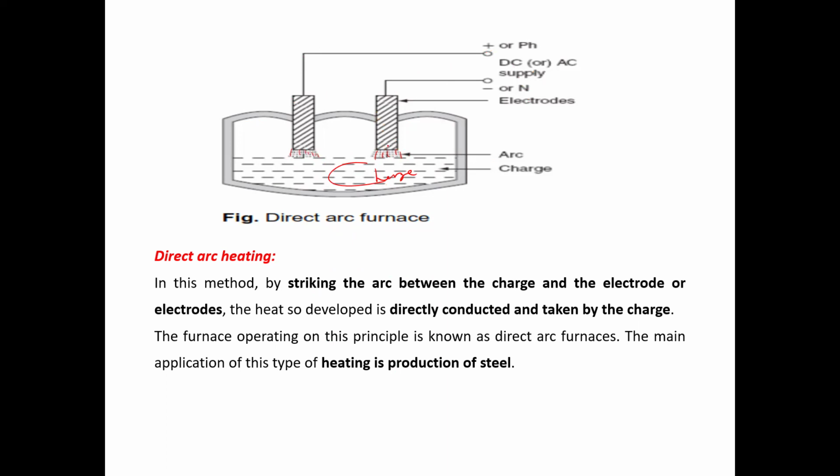With the help of this arc striking across the gap, directly contacting the heating element, it can produce heat energy. That arc will directly contact which thing here? The charge. This type of thing we can use in the production of steel. Steel production, we use this arc heating.